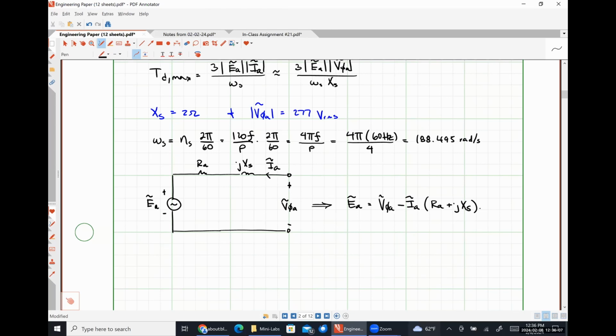V_phi_A was given to us in the problem statement. X_S was given to us in the problem statement, but we don't know what I_A is. So how might we go about finding quantity I_A?